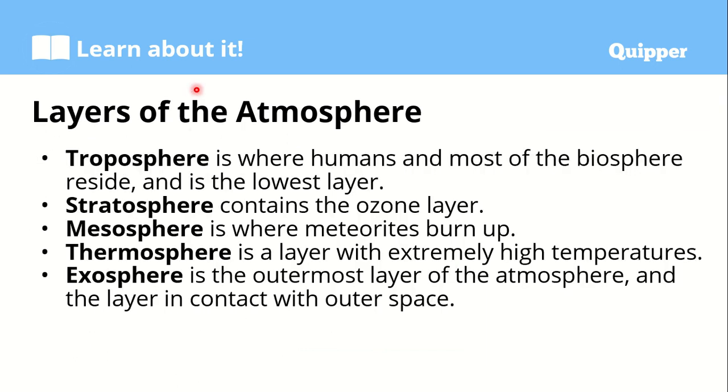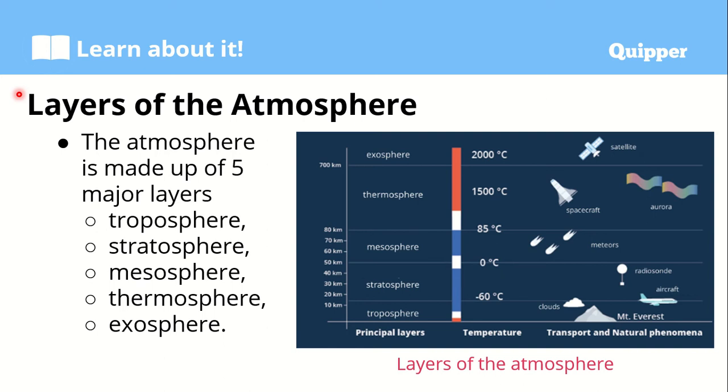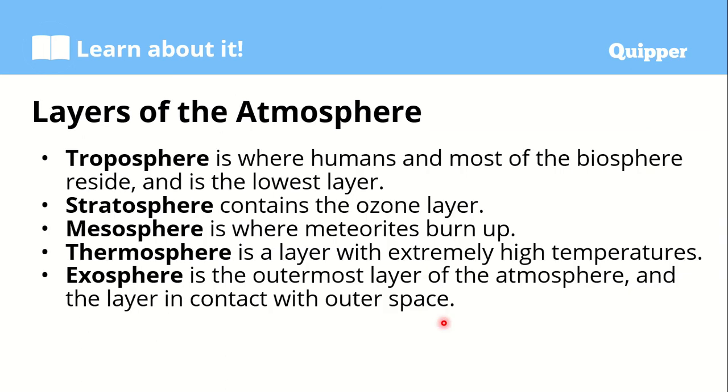Alright. So we have here the first one, troposphere. So troposphere class, it is the layer that is closest to the Earth. Now take a look. So ito yung troposphere. Ito yung pinaka-close sa Earth's crust. So troposphere is where humans and most of the biosphere reside. And it is located at the lowest layer.